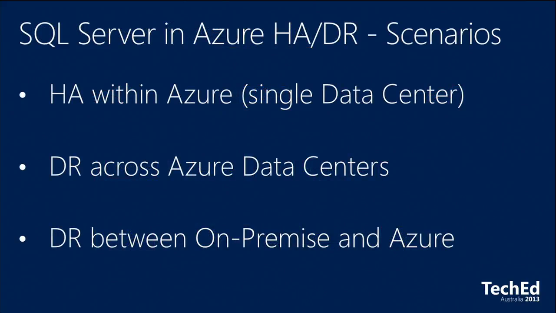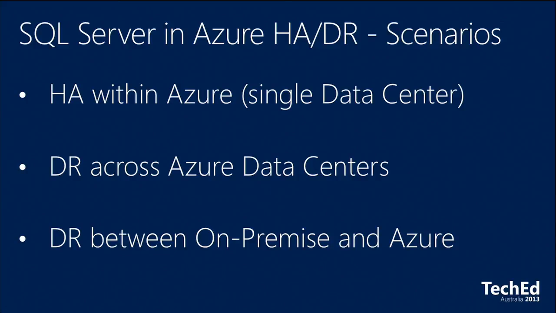So what I want to quickly finish on in the last 5 minutes is what these SQL Server and Azure HA and DR scenarios are, and what they look like. What technologies can you use, and how do you do it? There are really 3 scenarios we see. The first is doing HA within Azure, so doing it within a single data center.